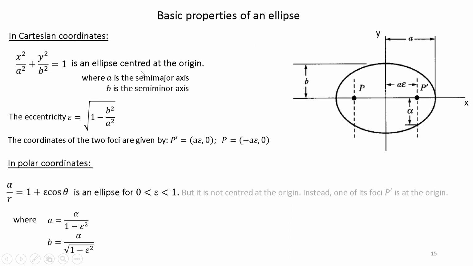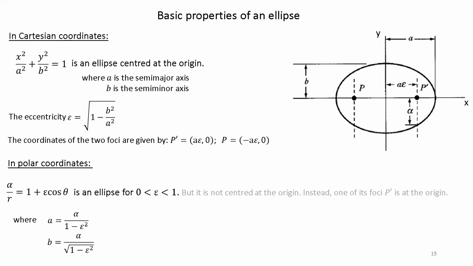The eccentricity is given by the square root of 1 minus b squared divided by a squared. From this picture, you can see A is the semi-major axis, B is the semi-minor axis. What does the eccentricity tell you? It really comes from the ratio between B and A.